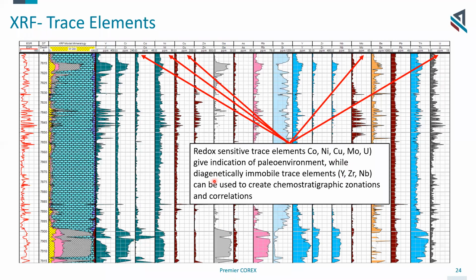While the diagenetically immobile trace elements, so yttrium, zirconium, and niobium, can be used to create chemostratigraphic zonations and correlations.